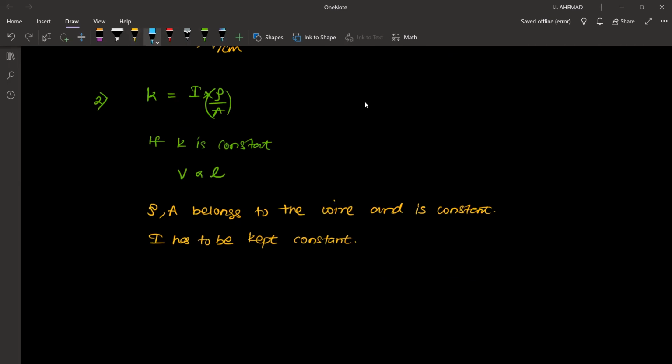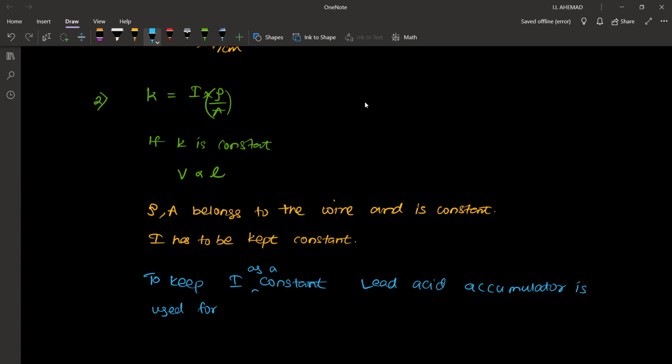So, to keep I constant, a lead acid accumulator is used, for the primary cell.